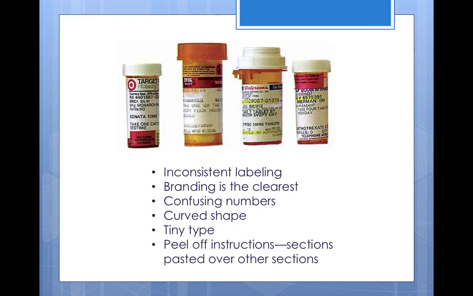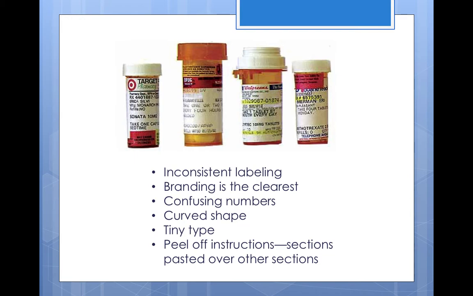Okay, so medicine bottles are a really good example of when user-centered design goes from convenience to actually being important to the user's well-being. Okay, so let's look at these medicine bottles. The labeling's inconsistent, it's really cluttered, it's confusing. As users, we would have to stare at these medicine bottles for a little bit to figure out the information we need to know.